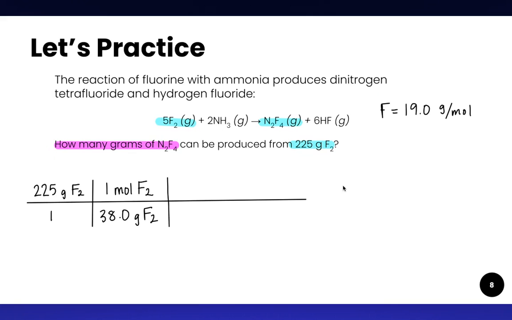Now that we have fluorine in moles, we can use the molar ratio from the balanced equation to convert the problem into dinitrogen tetrafluoride.